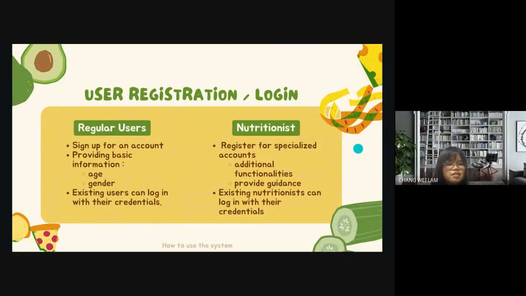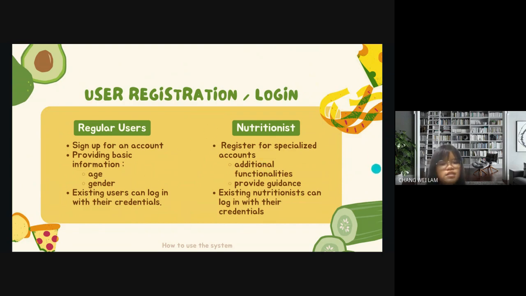The first one is user registration and login. We divided it into two. The first one is regular user. The users are required to sign up for an account and provide some basic information such as age, gender, and their weight. The existing users can log in with their credentials such as user ID and password.